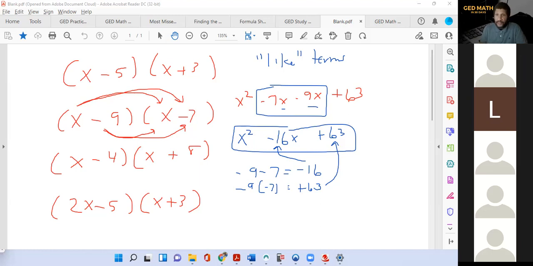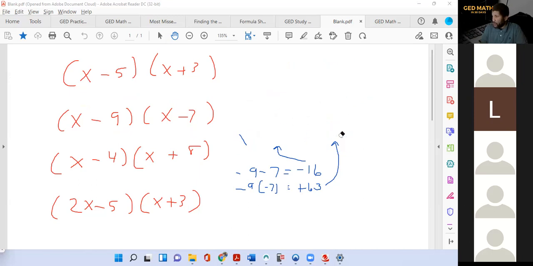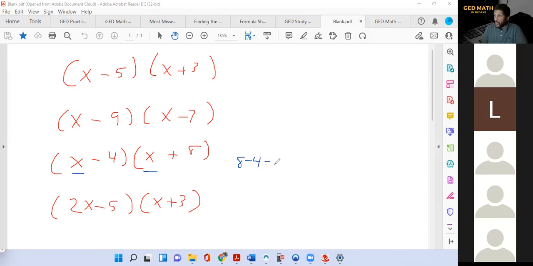So let me save it. Let me clear it. And I'm going to do number 3, and then we're going to do number 4 together. But let's watch this. So again, my shortcut says, okay, I'm looking at this. My x's are the same. They have the coefficient of 1. So I'm going to combine my two numbers. So 8 minus 4 is what?